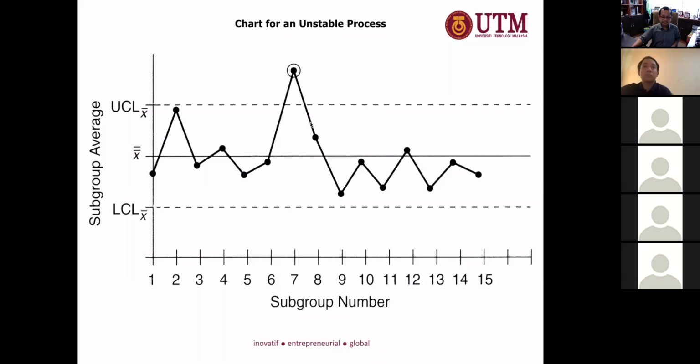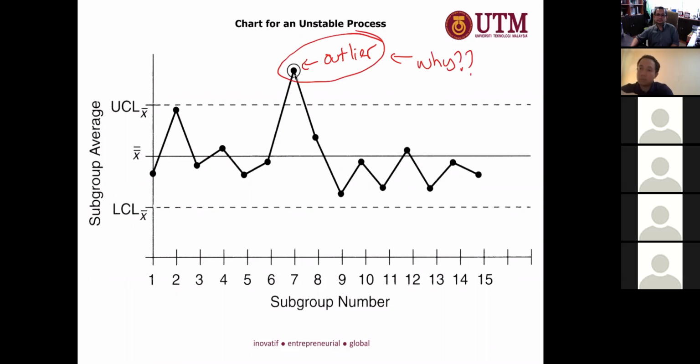Also, if you have this kind of result, you have one outlier here, outside the limit, we call it an outlier. You want to know why. You have to check your process.